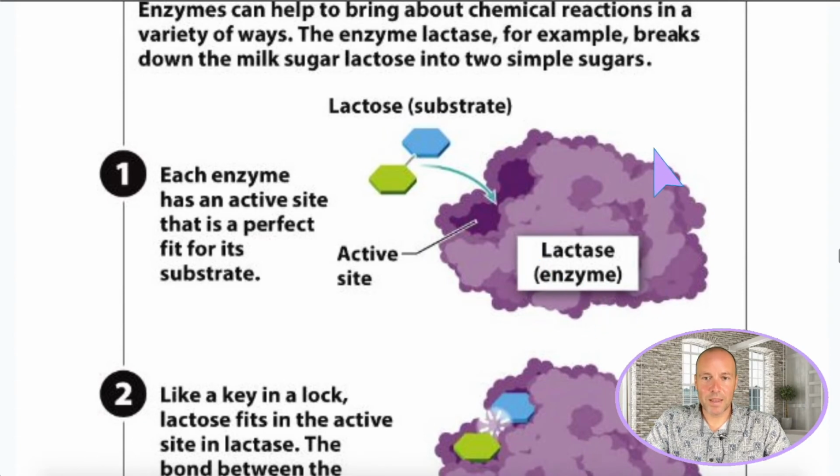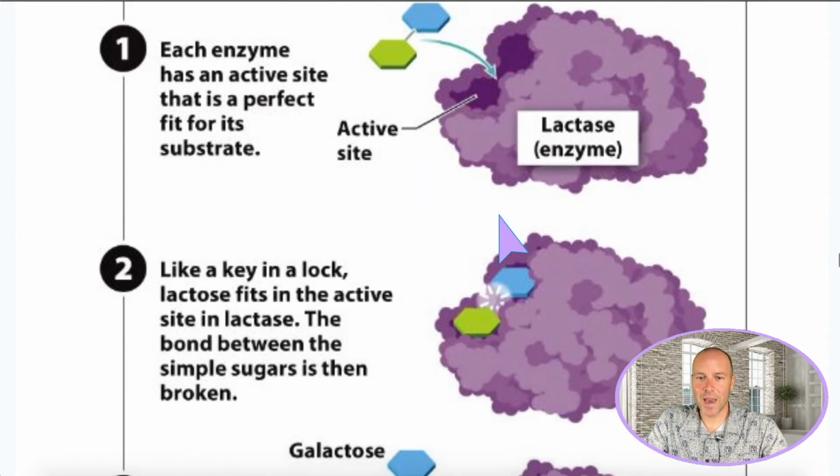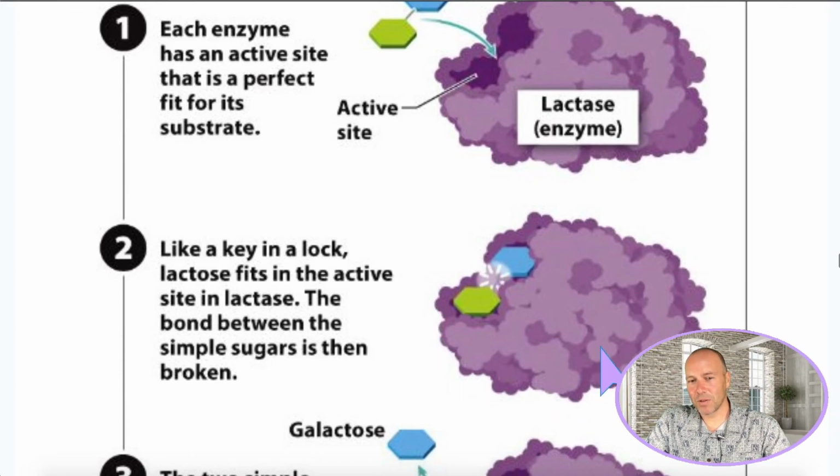So you have your enzyme, which is a very large molecule, and being very large compared to the reactant molecule, it provides a surface. A certain portion of this surface seems particularly attractive to the lactose reactant. So the lactose reactant attaches to a certain portion of the lactase enzyme. This is called the active site. Once it's attached, the enzyme helps break the molecule apart.